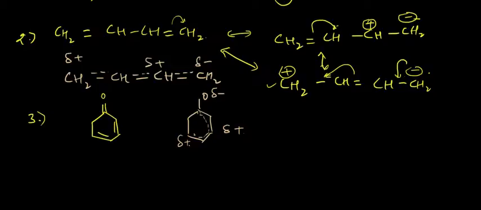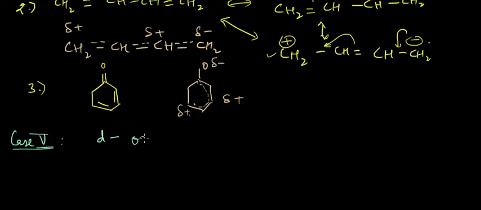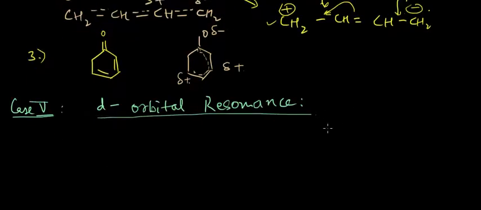Okay, so now we'll look at case 5, in which we have d orbital resonance. Okay, so if you look at the example of it, let's suppose I have CH2 and a negative charge on a carbon atom and single bond chlorine atom.